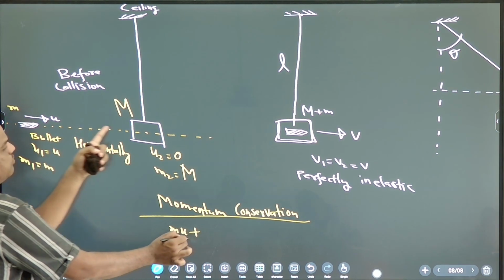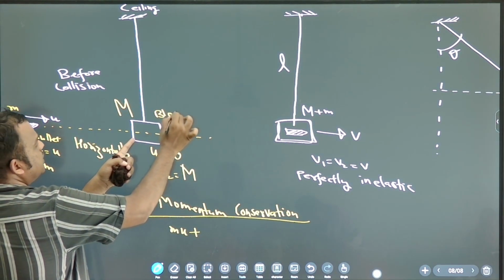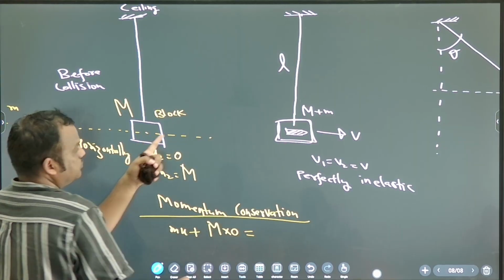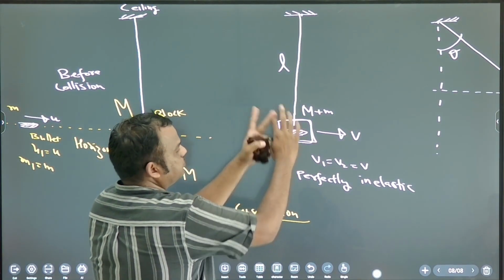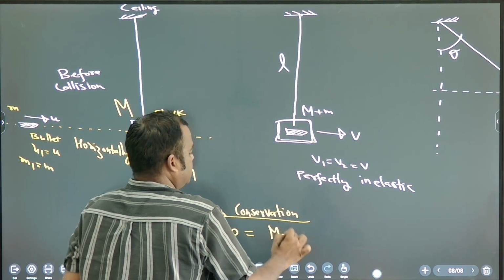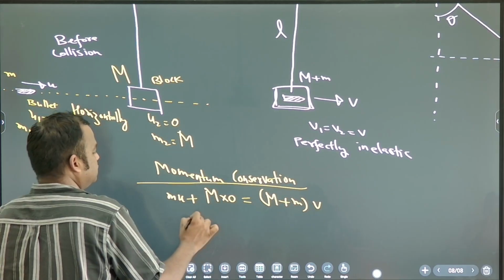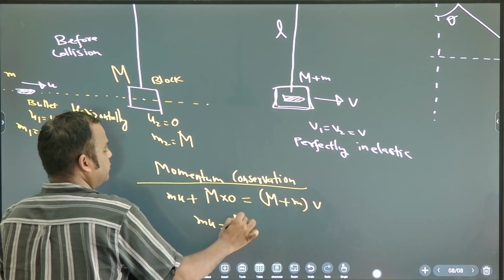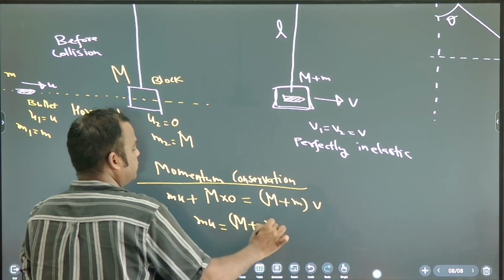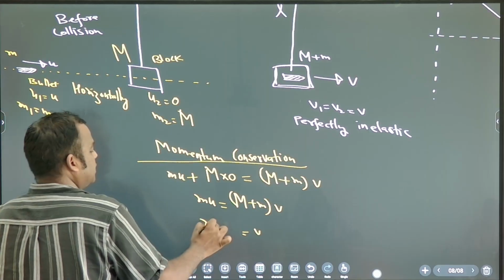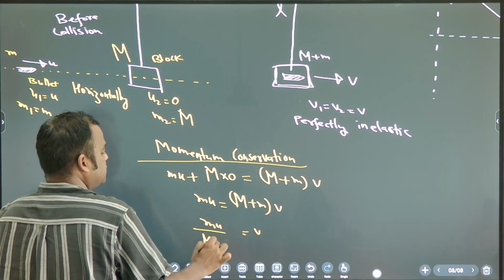Initial momentum of block? 0. M into 0. And final momentum of system? M plus m into V. Very good. So m into u is equal to M plus small m into V. So calculate V, mu by M plus m.